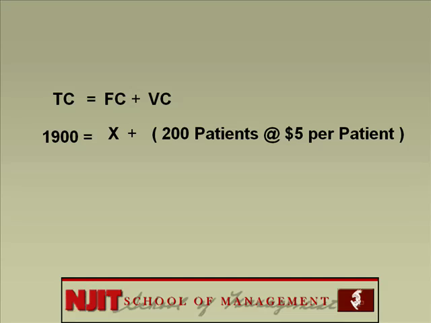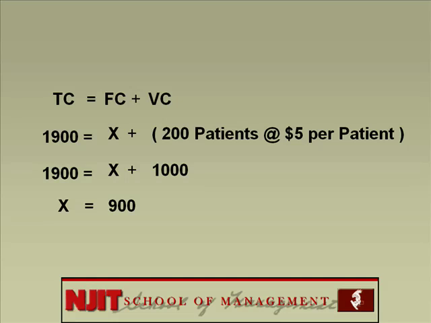The total cost, 1,900, equals fixed cost, you don't know it, so take it as X, plus variable cost. At that level, it's 200 patients, and you know it's $5 per patient. So 1,900 is the fixed cost plus the variable cost, which is 1,000. So if you solve, what's the fixed cost? 900.